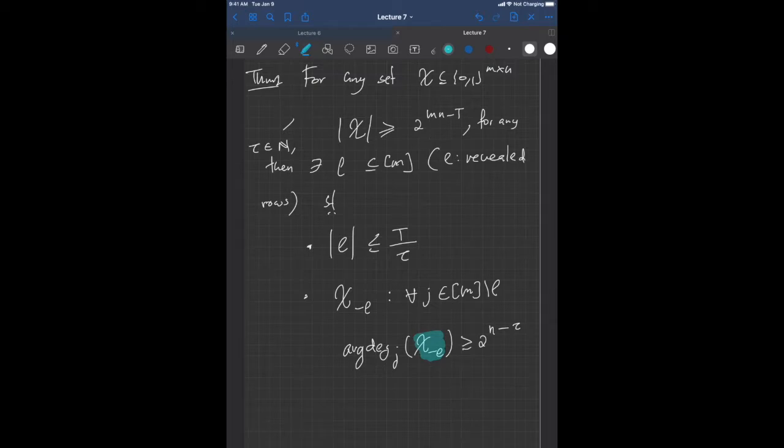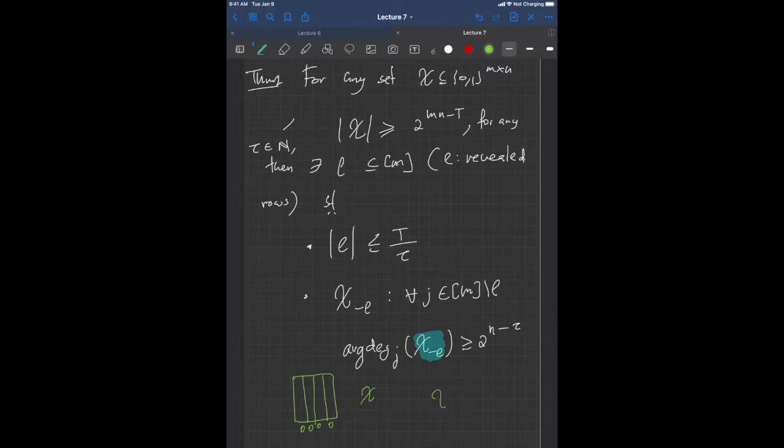If you remember, we had this example where the set X was the set of all matrices whose every column has parity 0. In this example, the average degree of any row was just 1.